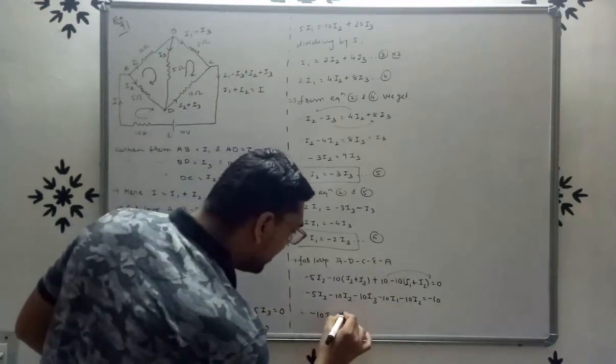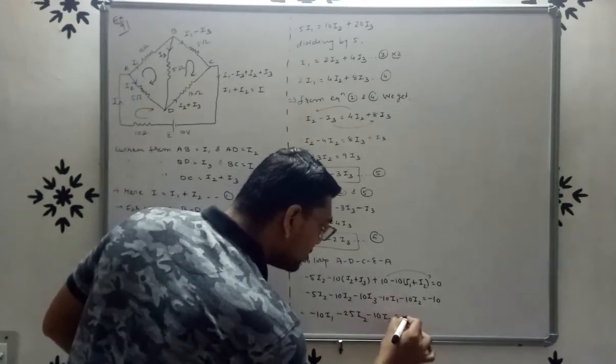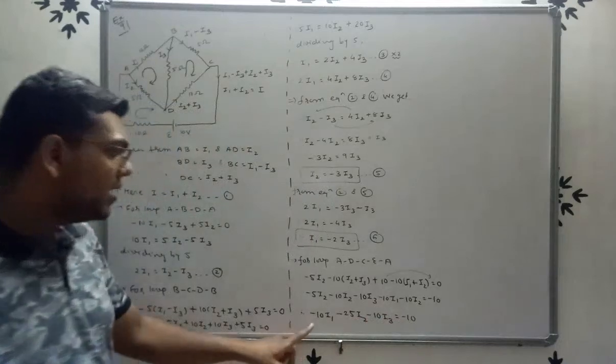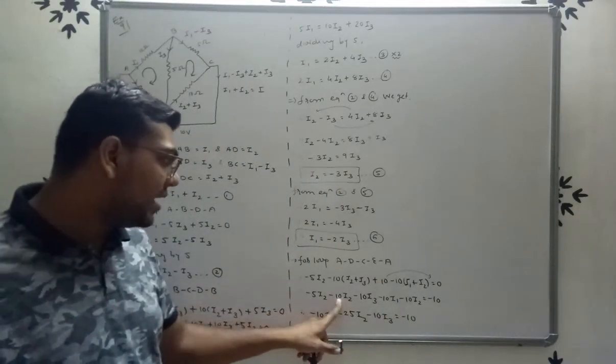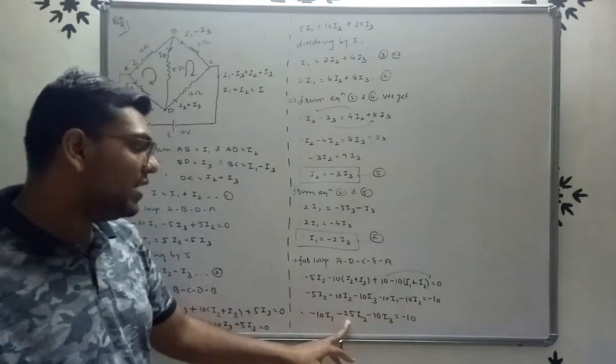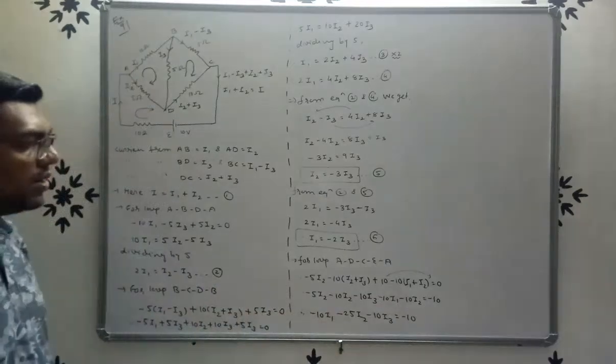So minus 25I2 minus 10I3 is equal to minus 10. Right? Minus 10I1 as it is, then I2 minus 5 minus 10 minus 10. So minus 25I2 then minus 10I3 is equal to 10.